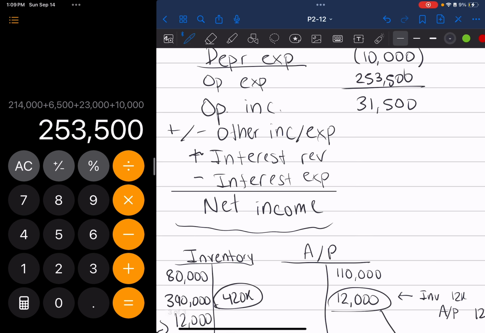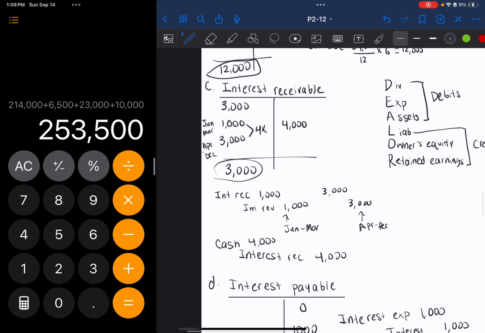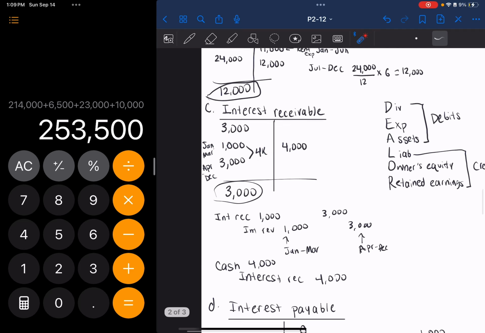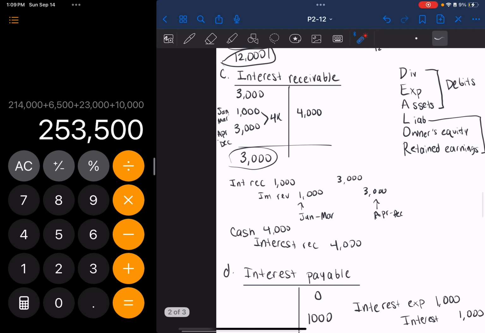And then looking at other income and expenses, we'll basically use the T accounts we did too. So for interest revenue, it's similar to, well, I think I did the entry down here. This was revenue for the year, the 1,000 plus 3,000.